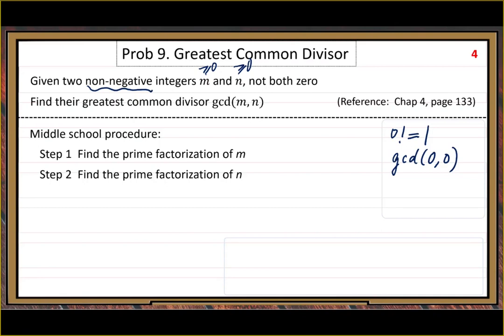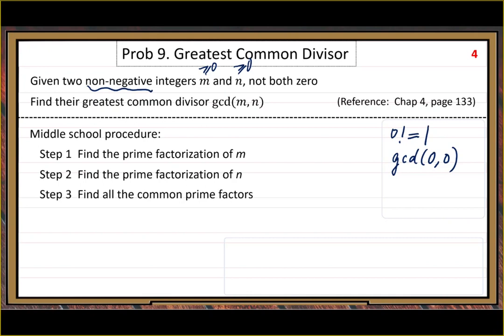Second step, find the prime factorization of n, to get another list of primes. Step 3, find all common prime factors. Now you can compare these two sequences and get the common prime factors.